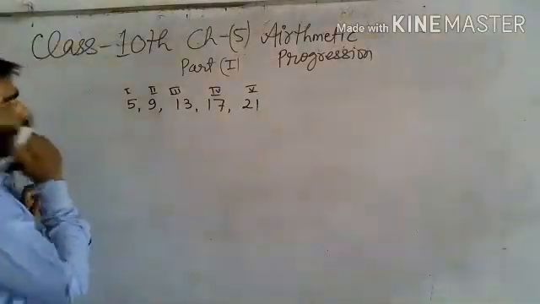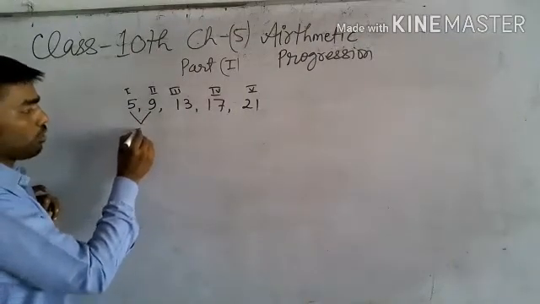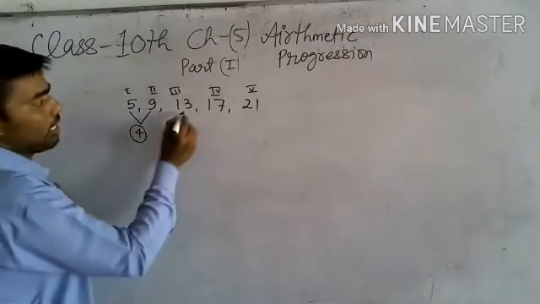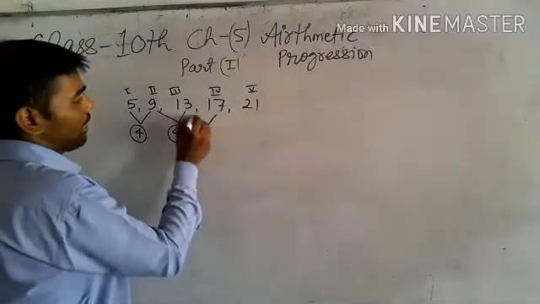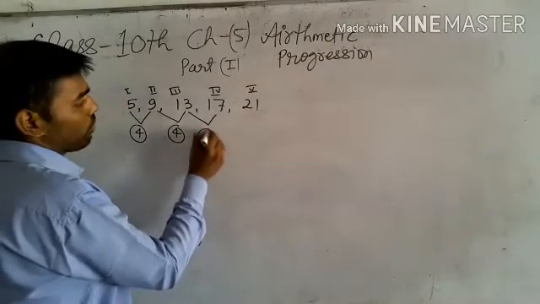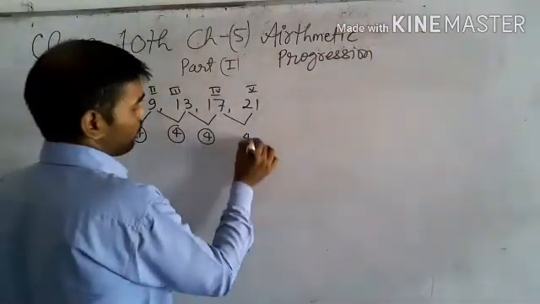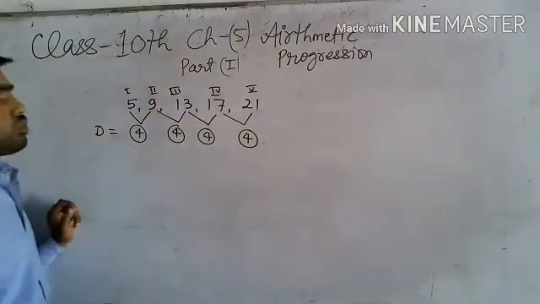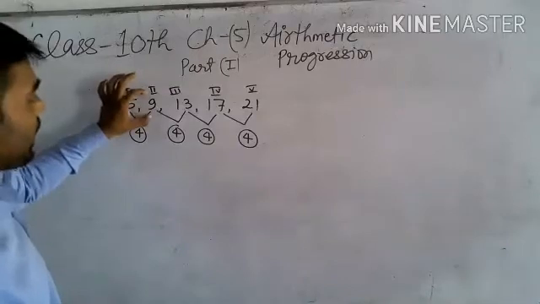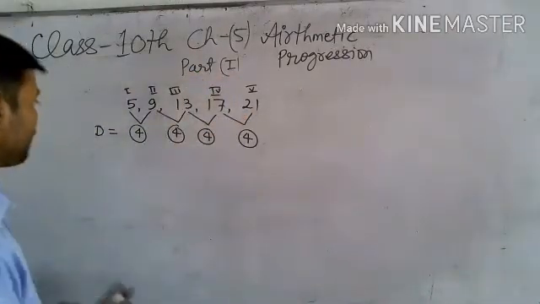So here the difference between the second and first, that is 9 minus 5, is equal to 4. Similarly, 13 minus 9 is equal to 4. 17 minus 13 is also equal to 4, and 21 minus 17 is also equal to 4. So this is the difference. This is the first term, second term, third term, fourth term, and fifth term.